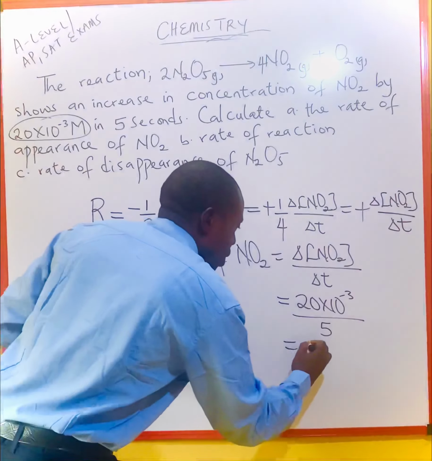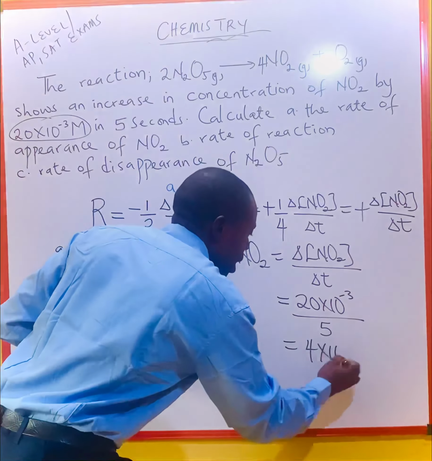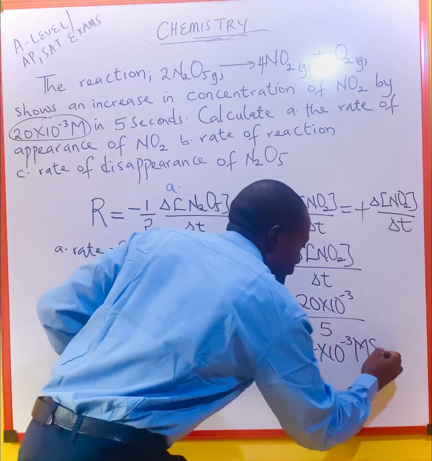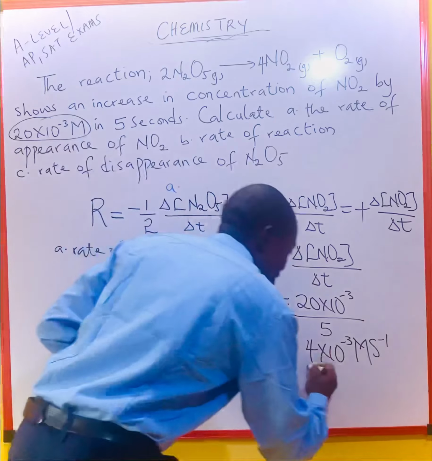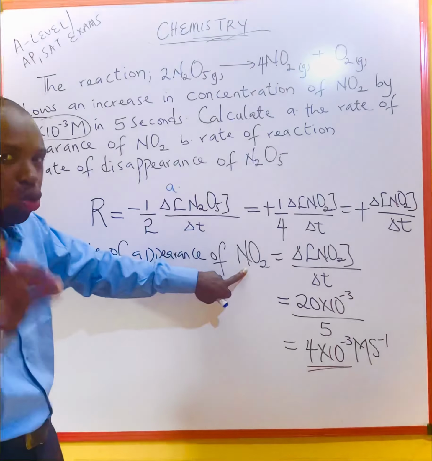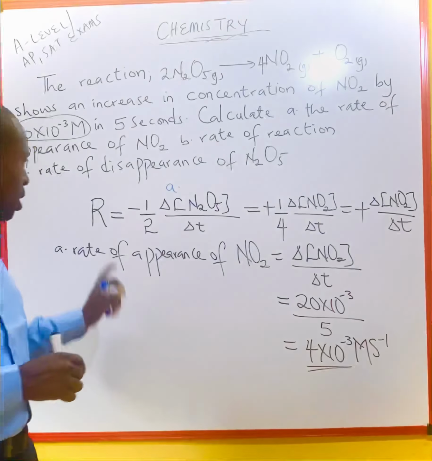Altogether this gives 4 times 10 to the minus 3 molar concentration per second. This is the rate of appearance of NO2. Take note. This is for A.